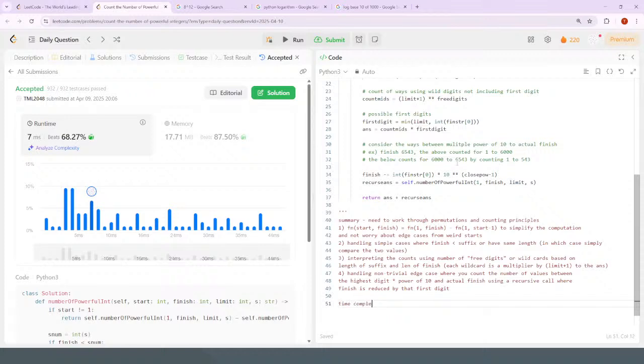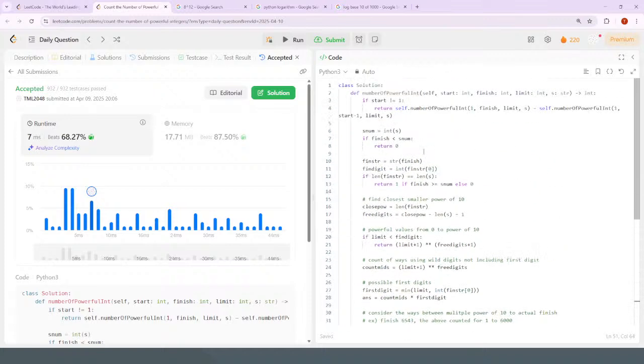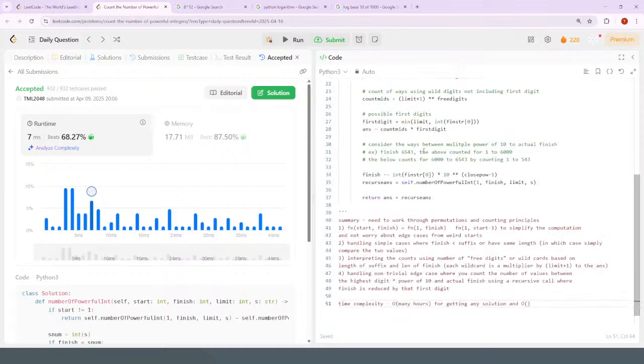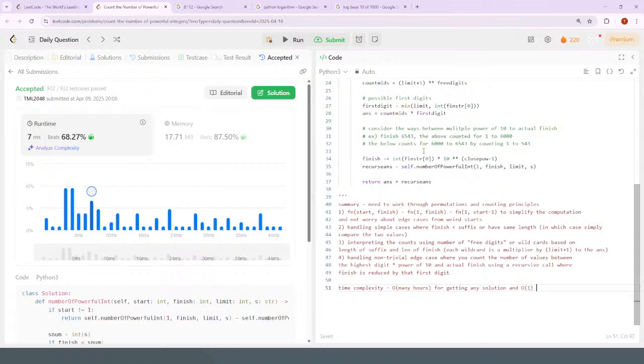Time complexity. Oh yeah, this is O of many hours for getting any solution, and O of, this is pretty darn fast. O of 1 is pretty much constant because you're dealing with the number of digits and things.